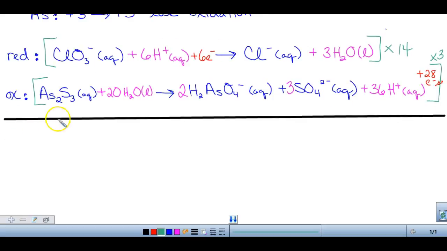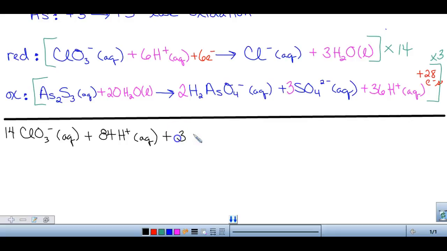Okay, so we have 14 chlorate ions plus 14 times 6 gives me 84 hydrogen ions. And we know that our electrons cancel out and we get this part of the reaction, this half.